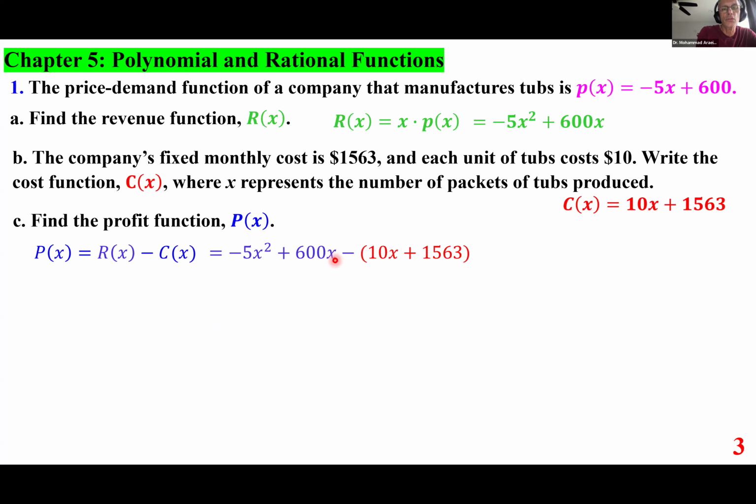To do so, we are going to distribute the negative sign: minus 10x minus 1,563, and these two combine, meaning that minus 5x squared gives us plus 590x, and this one is itself minus 1,563.